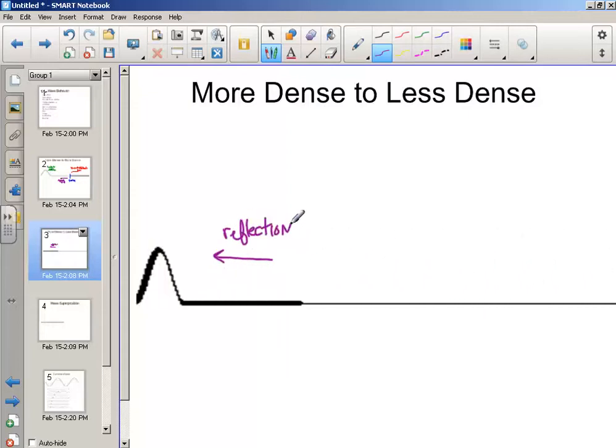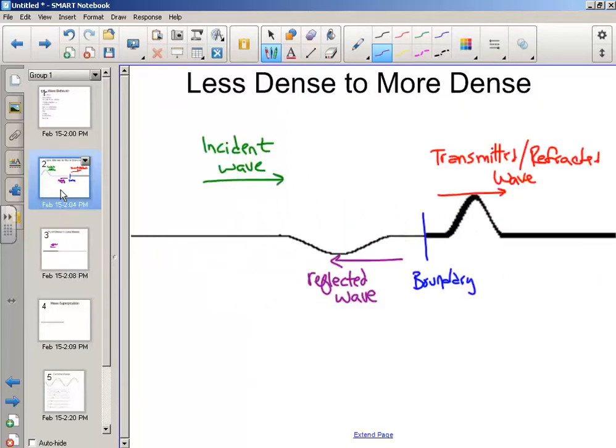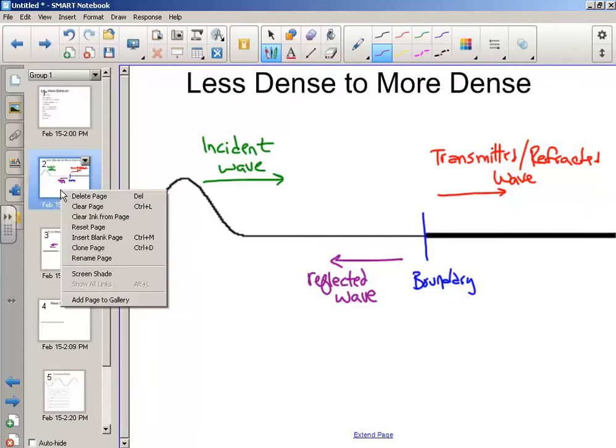We're just looking at transverse waves, but the same thing is true for longitudinal waves as well. So if it comes in on the top, it comes back on the top. In the other case, it comes in on the top and comes back on the bottom. That's one of the differences between going from more dense to less dense and from less dense to more dense.